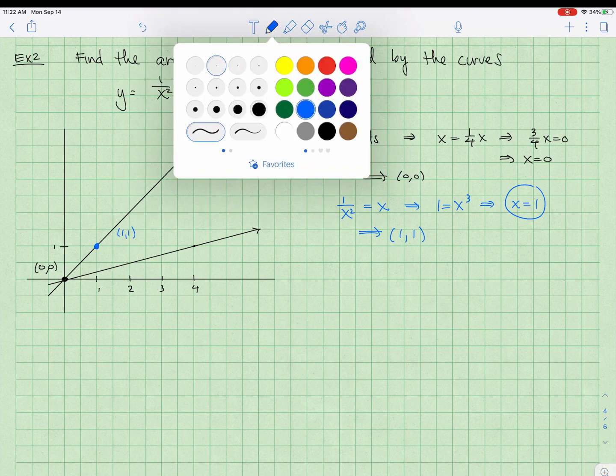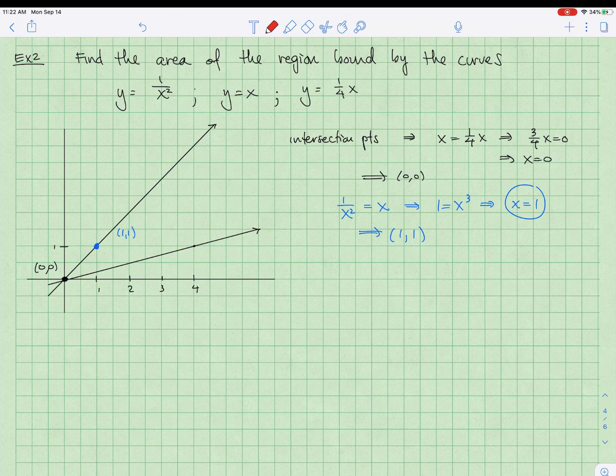And then our last point of intersection is going to be where 1 over x squared is equal to 1/4 x, which means that 4 is going to equal x cubed, which means that x is equal to the cubed root of 4. Wherever that happens to be.